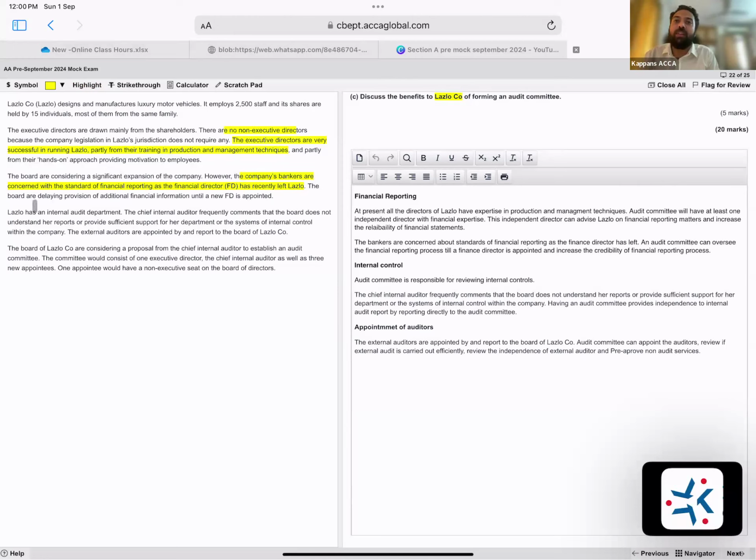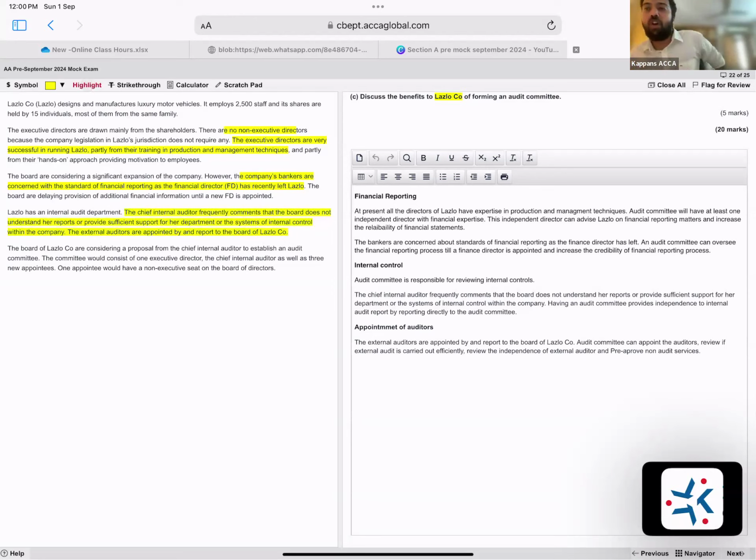Now continue. Laszlo has an internal audit department. The chief internal auditor frequently comments that the board does not understand her report or provide sufficient support for her department or system of internal controls within the company. And the external auditors are appointed by the board of Laszlo.